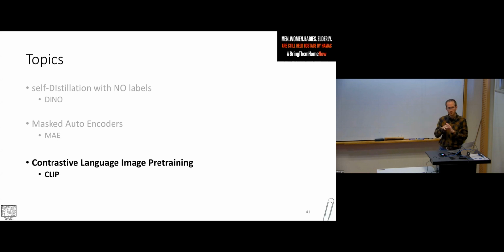If you don't match, then you need to have different representations. This is how you avoid collapsing into a trivial solution. There are a lot of works on contrastive self-supervised learning. We're going to focus on the CLIP model, contrastive language and image, because it's a very important model, and it's very important for you to know this work.